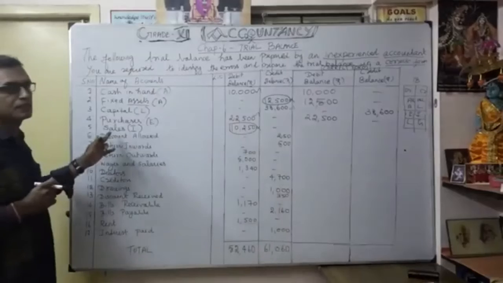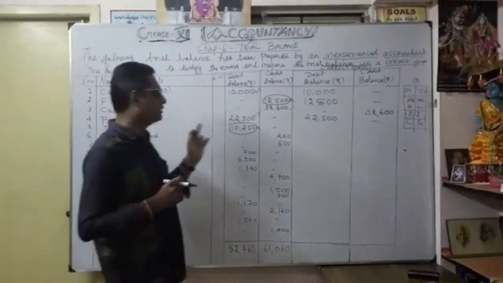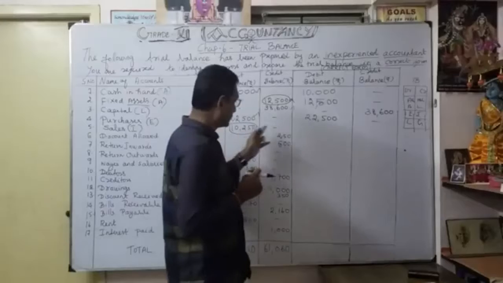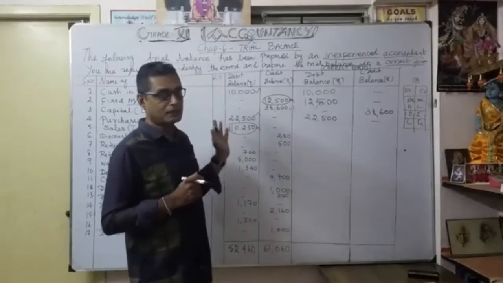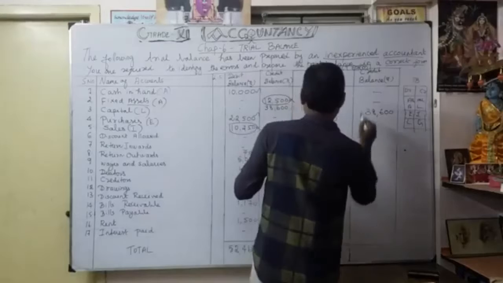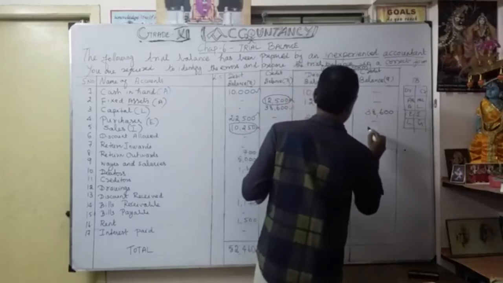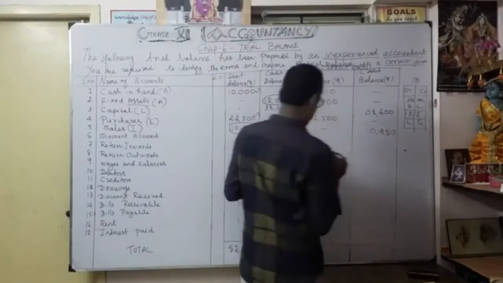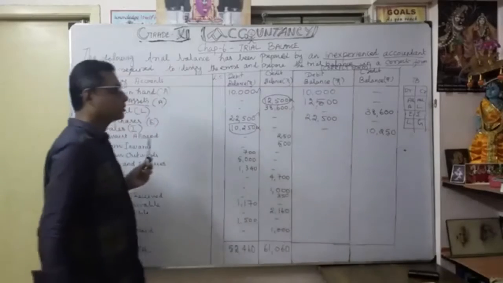As sales comes under income, it is definitely a credit balance. But here they wrote it in debit balance. Now we are going to rectify it. We are going to write credit balance 10,250. Now understood? That's where you should be very careful.